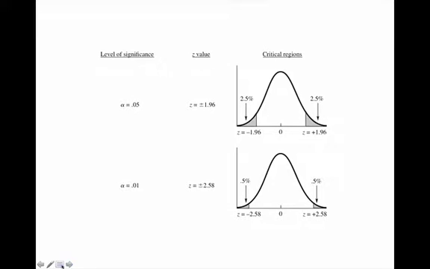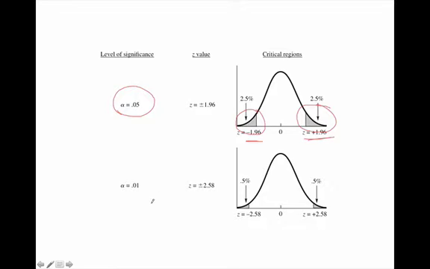Moving into visualizing what this looks like in the context of the bell curve, if my level of significance is 0.05, I can look to the z-tables in the appendix. Remember, if alpha is 0.05, then that corresponds to a 5% critical region. I have to divide that 5% across the two tails, and looking at those tables in the back of the book, we can see that 2.5% of the distribution in each tail is associated with z-scores of plus and minus 1.96.